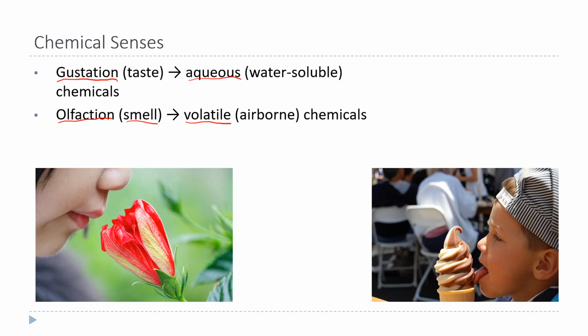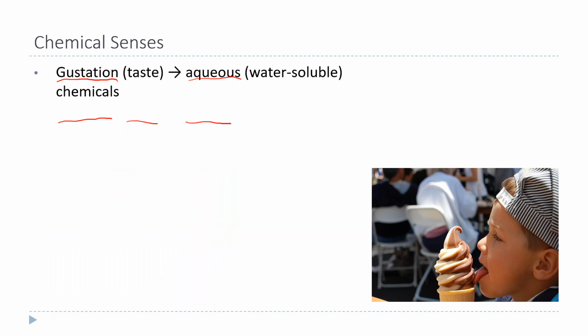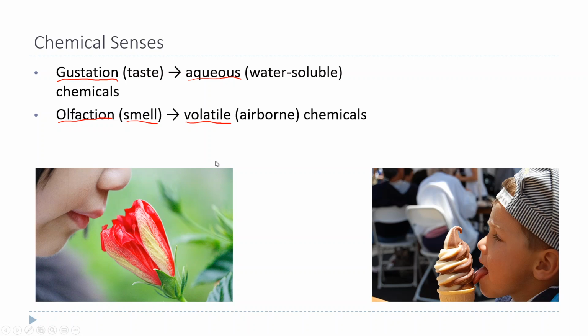Now, these are the two chemical sensory systems that we're going to talk the most about, but there is at least one more. There are also chemoreceptors, or cells in your body, that can detect chemicals inside your body. That would mean chemicals in your bloodstream, for example, that can tell your brain about the internal state of your body.